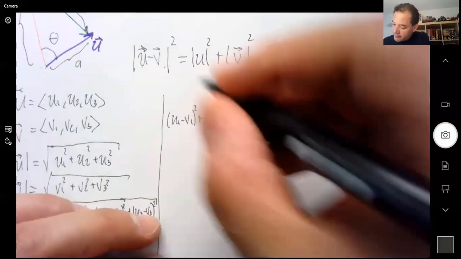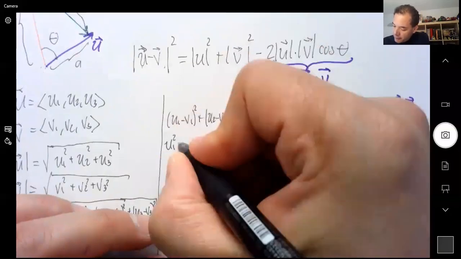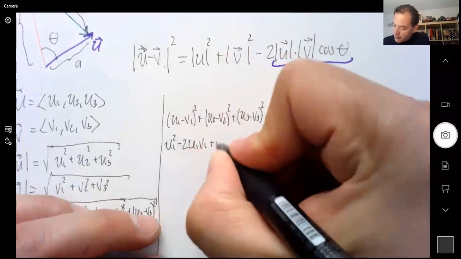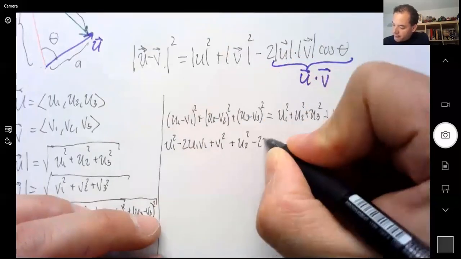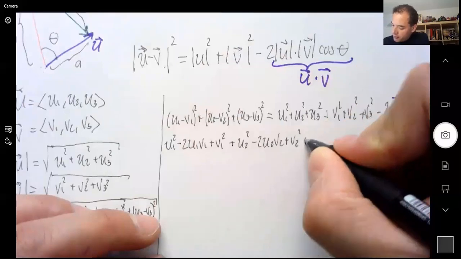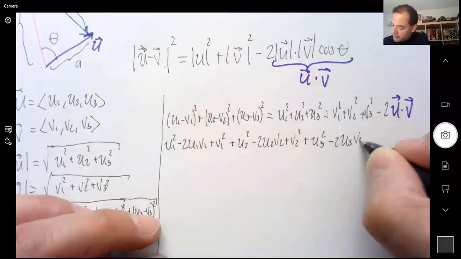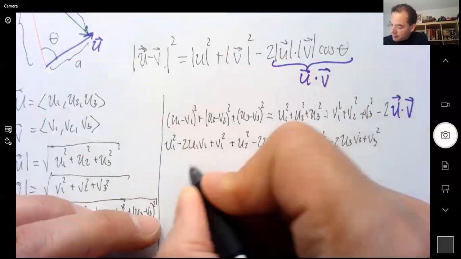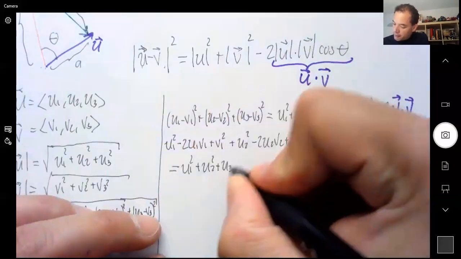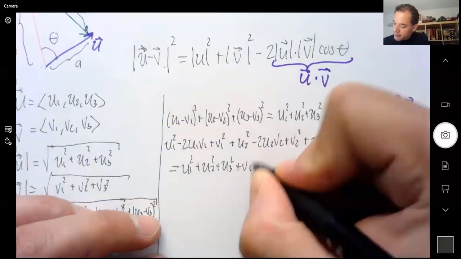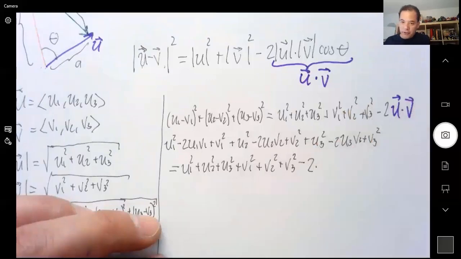So when I expand these, this is u1 squared minus 2 u1 v1 plus v1 squared plus u2 squared minus 2 u2 v2 plus v2 squared plus u3 squared minus 2 u3 v3 plus v3 squared, and that should be equal to u1 squared plus u2 squared plus u3 squared plus v1 squared plus v2 squared plus v3 squared minus 2 times u dot v.